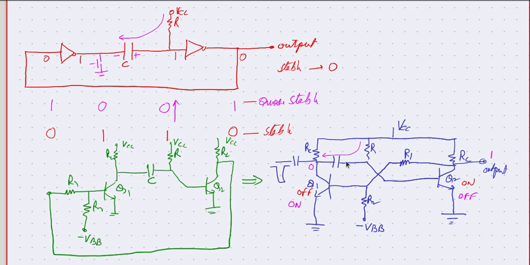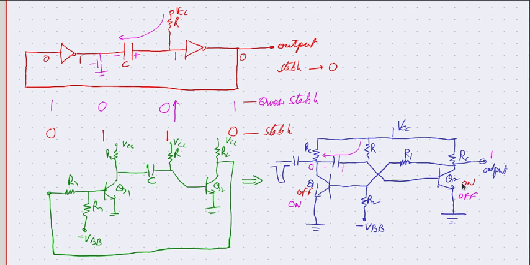The moment this output goes low, there is a path for current to flow because this is high, this is low. Earlier this was also high, this was high, so there was no chance of current flowing. But the moment this has gone low, the current starts flowing, which charges this capacitor, and because it charges this capacitor, the voltage here which had gone negative deep down will go exponentially up, and finally it turns on the transistor.